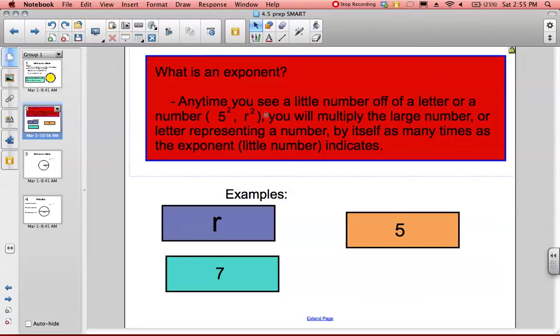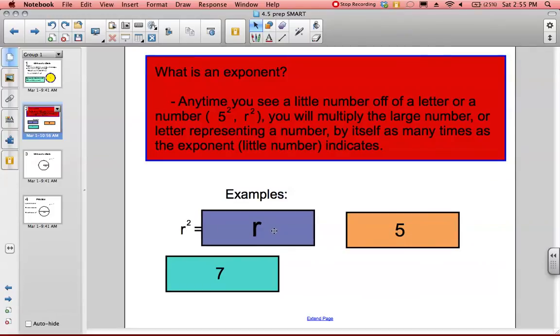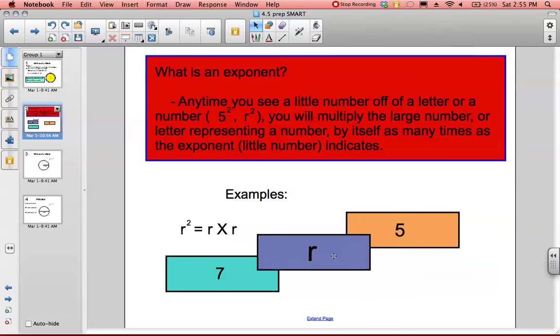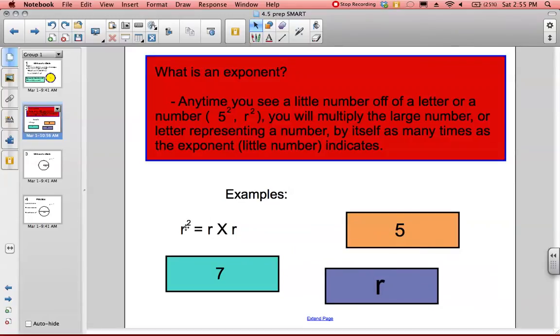So up here it says r squared, so down here I've set it up with the r. So r squared equals r times r. So r squared means you're going to multiply r, and you're going to do it as many times as the little number tells you to. If that was a 4, it would be r times r times r times r.